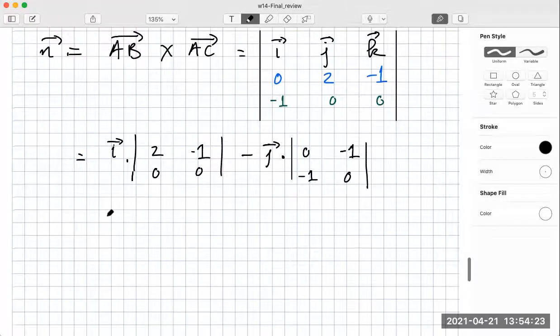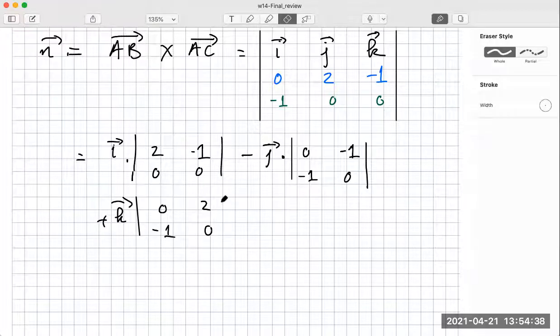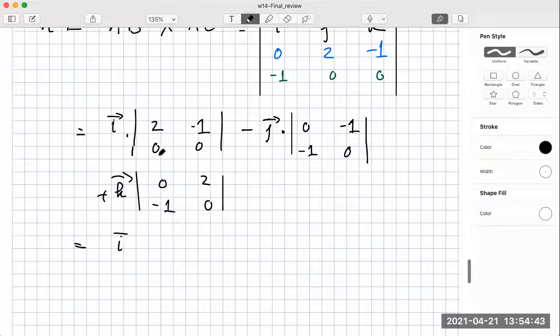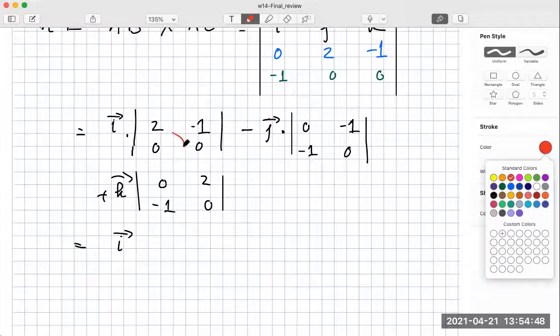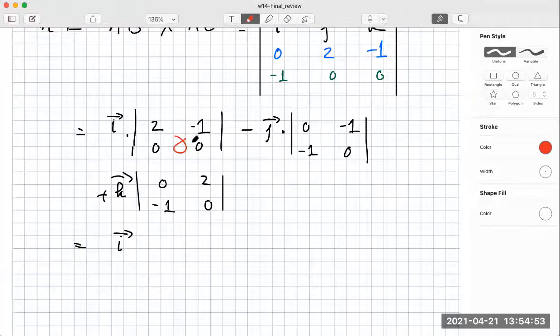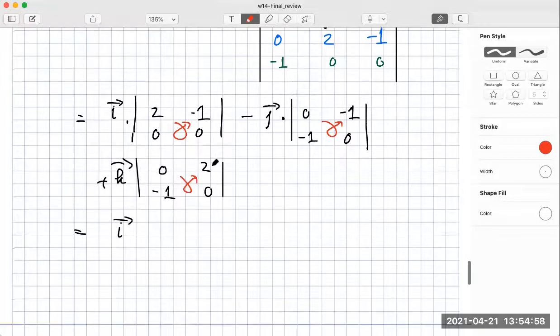And plus k. What is it here? Good job. It will be the vector i here, right? We multiply it this way. The rule is like that.